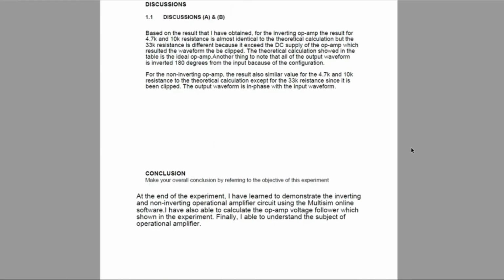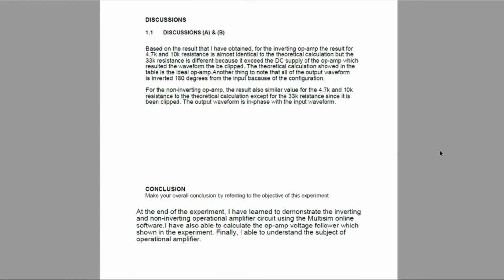Now for the discussion and calculation, based on the result that I have obtained for the inverting op-amp, the results for 4.7K and 10K resistance are almost identical to the theoretical calculation, but the 33K resistance is different due to exceeding the DC supply of the op-amp, which results in it being clipped.